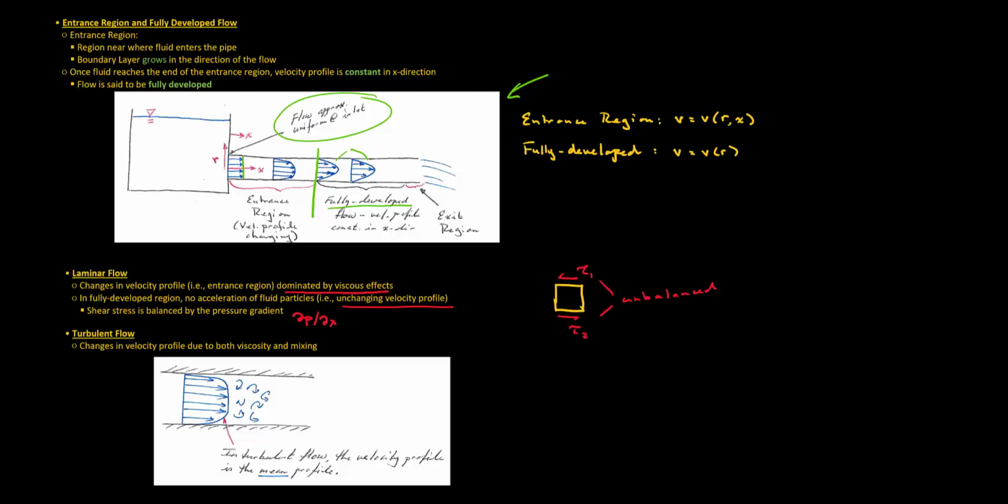In turbulent flow, changes to the velocity profile are due to both viscosity and mixing. So what we see in turbulent flows is enhanced mixing through a lot of these rotational structures in the flow. And so this change in the velocity profile is due to both of these effects.